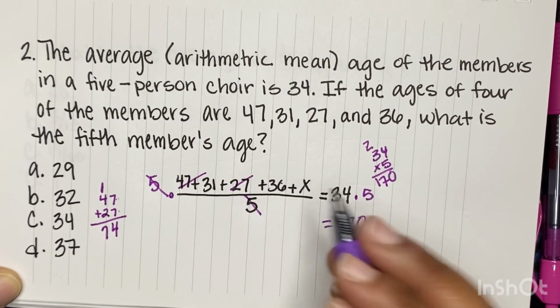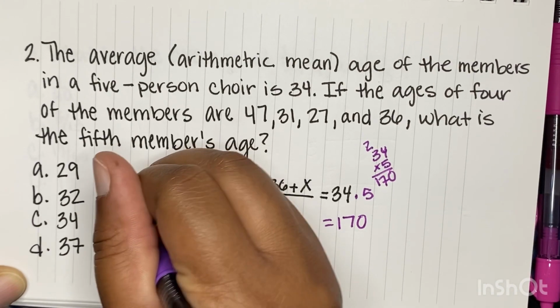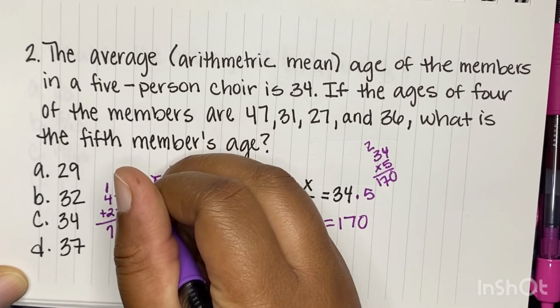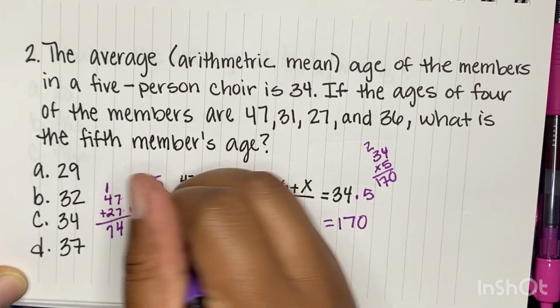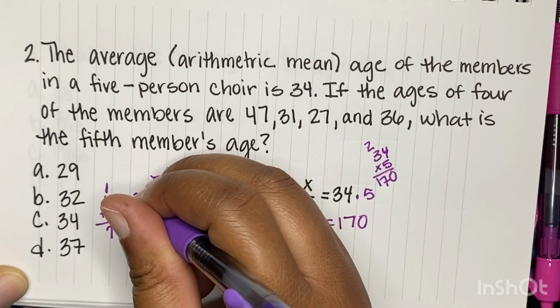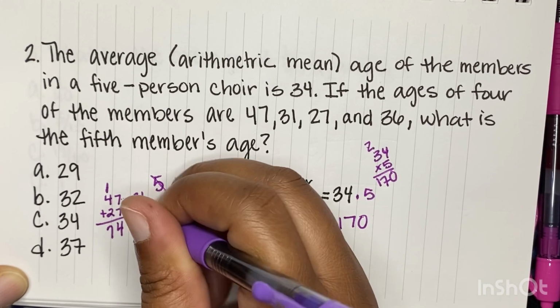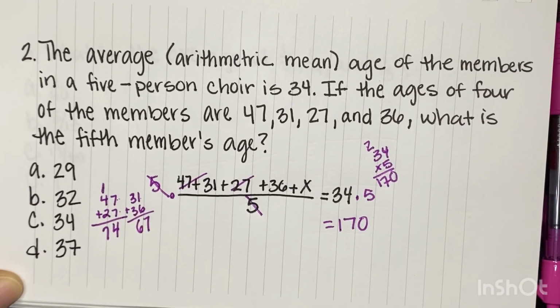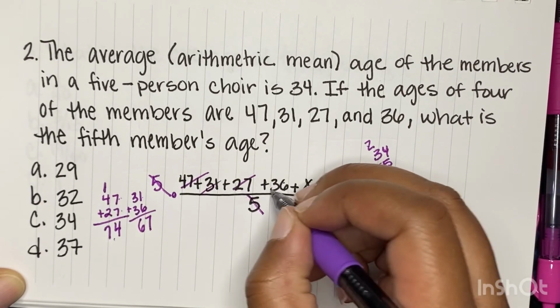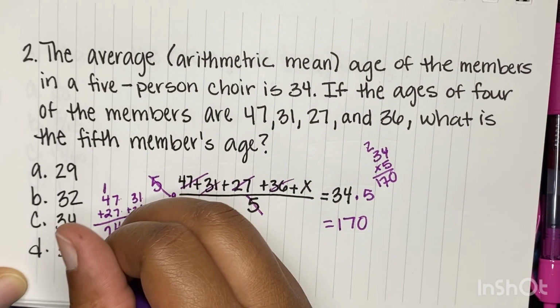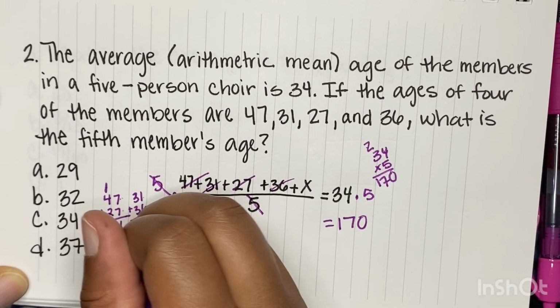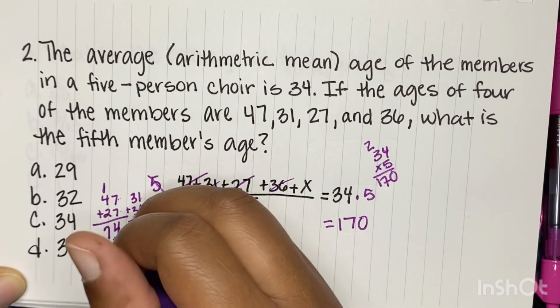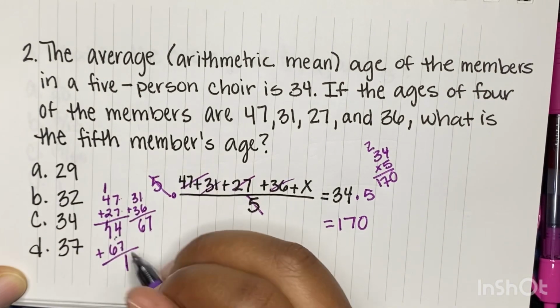And then if I add 31 and 36, that's going to give me 6 plus 1 is 7. And then 3 plus 3 is 6. So we added those two. Now we're going to add these two. 74 plus 67. 7 plus 4 is 11, carry the 1.